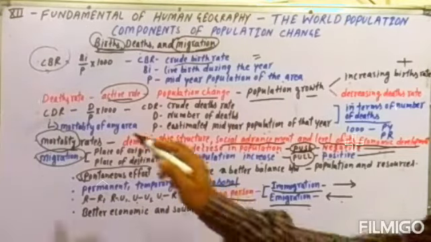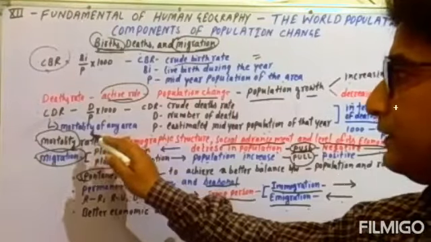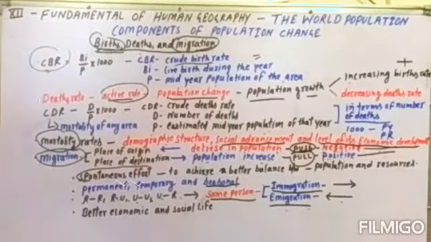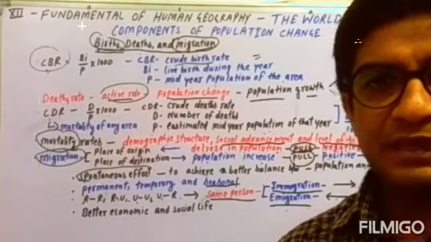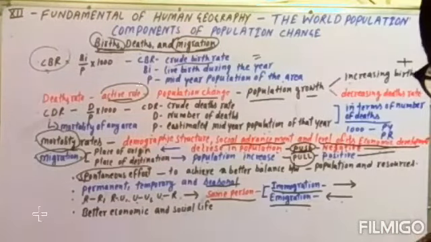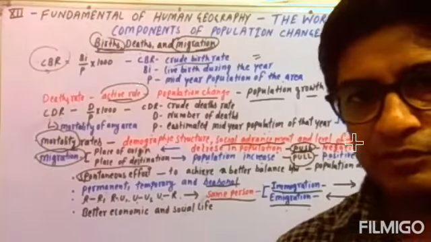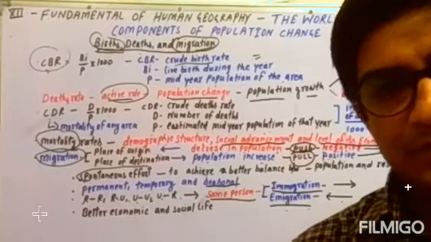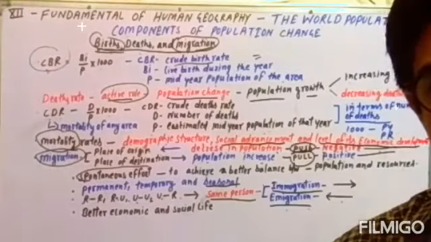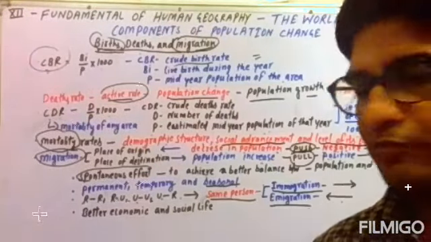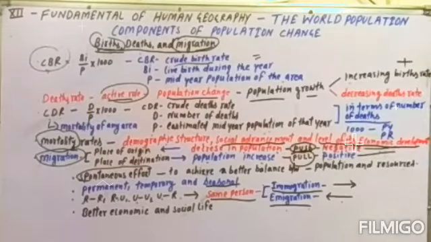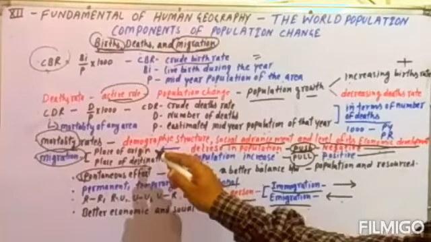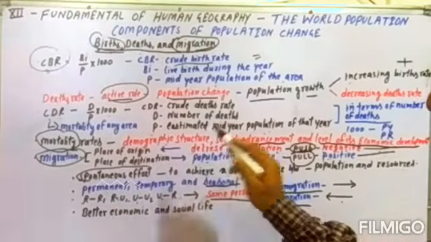It is also seen in the form of mortality of any area, because infant mortality means the number of children who do not complete their 1 year of age per 1000 children of any area. That is called the mortality rate.